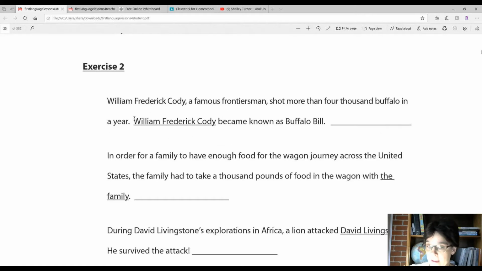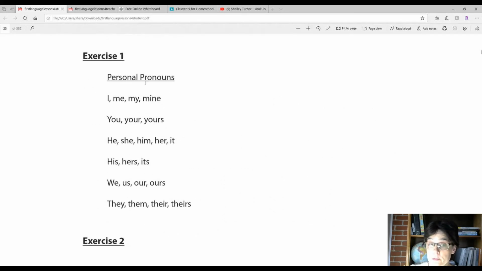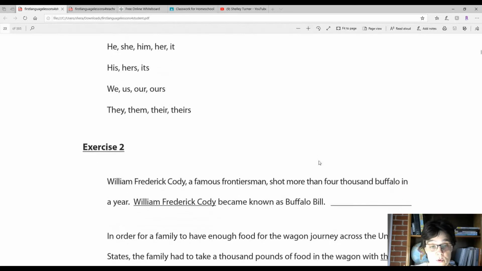Then you're going to go back in the sentence and take whatever noun is underlined, and put the pronoun that we could have used here. If you're not sure, look back up here because all of these are going to be personal pronouns.